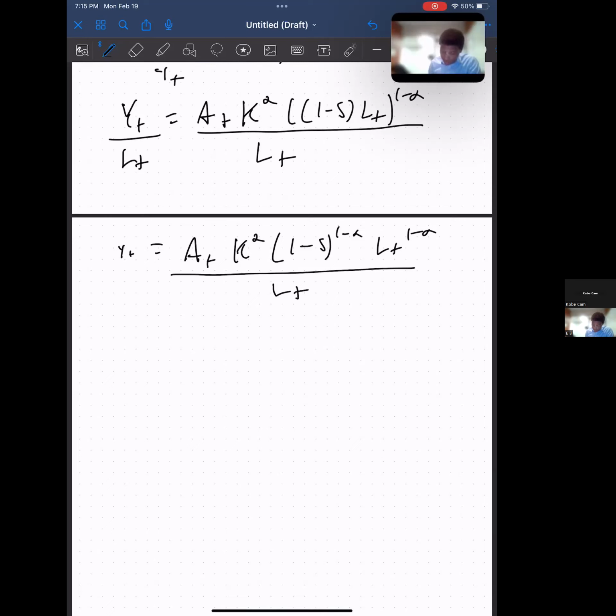Okay. So now what can we do? Well, notice we have an L_t in the numerator, we have L_t in the denominator. We can subtract 1 from this L_t's exponent to get minus α, right?